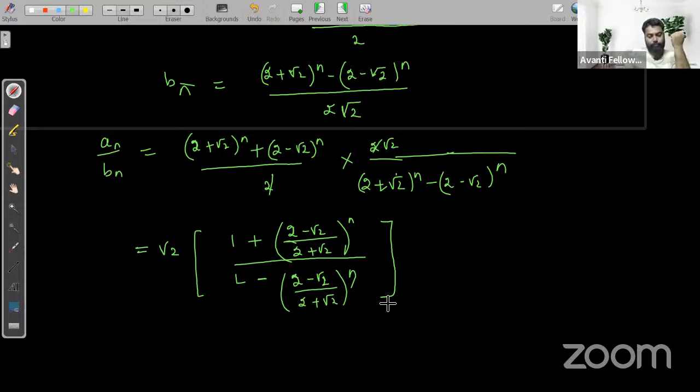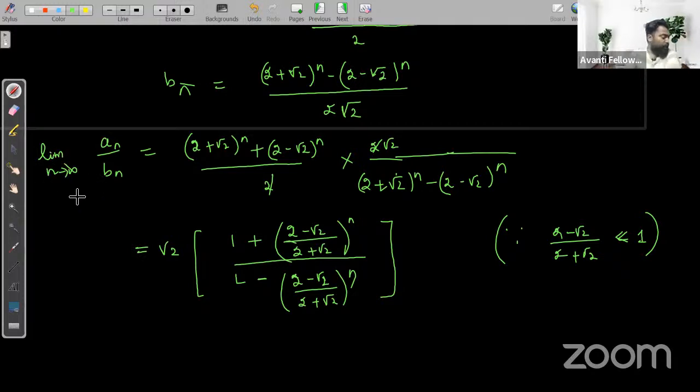Now we know, you can see 2 minus √2 upon 2 plus √2, right? 2 minus √2 upon 2 plus √2 is actually less than 1. If it is less than 1, then if we put limit n tending to infinity, right?